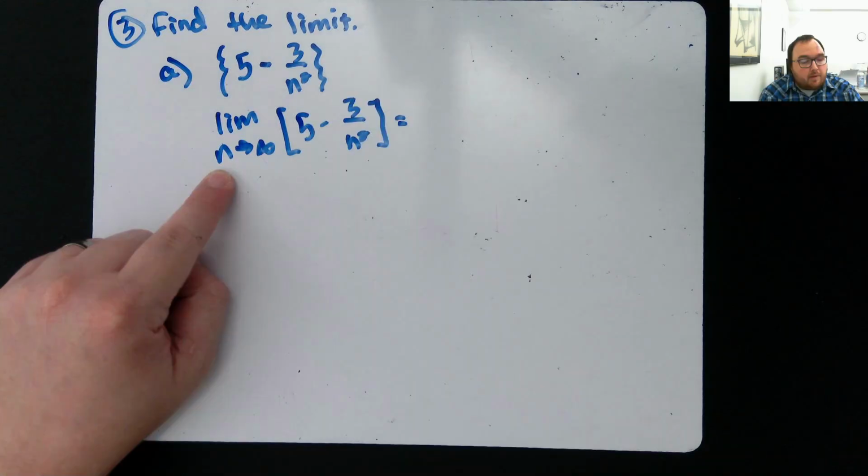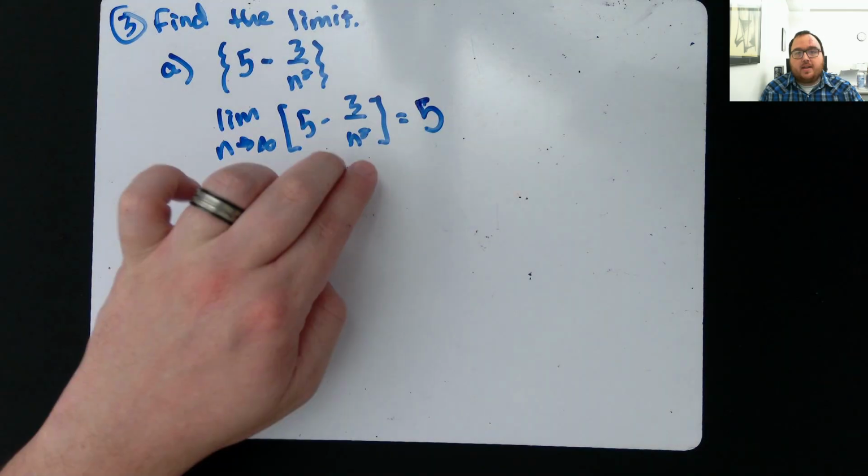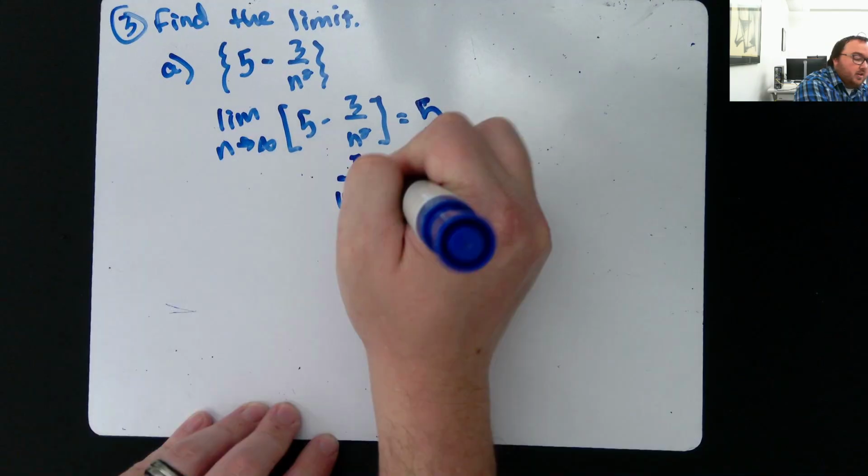The limit of 5 is just 5. 5 is 5, doesn't change. If I plugged in a number that's really big in the denominator here, something really big squared is really big, right? 3 over something really big is really small, right? So think about it like 3 over a million. That's really small, right? 3 over 10 million, 100 million, a billion, on and on.